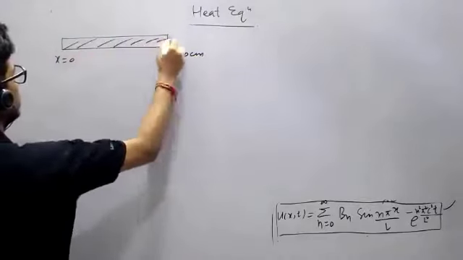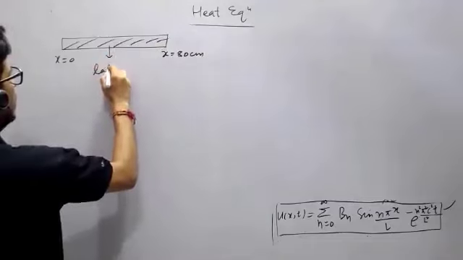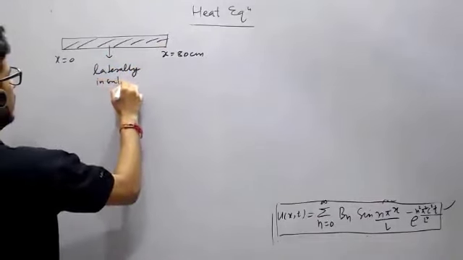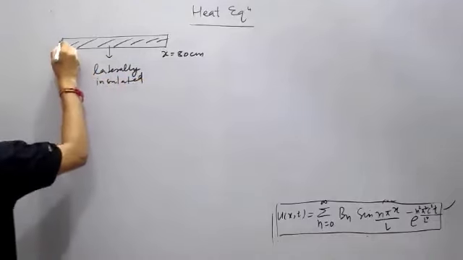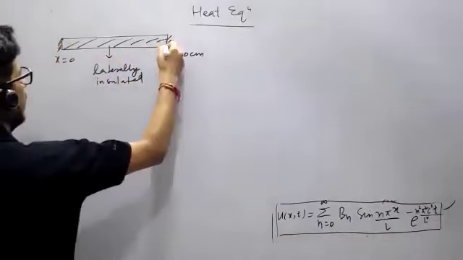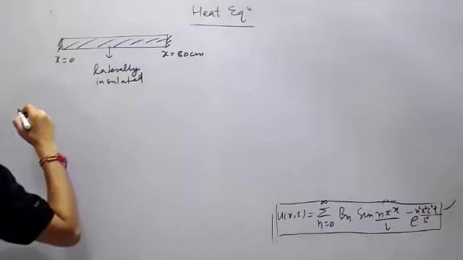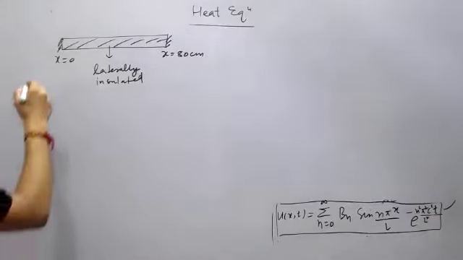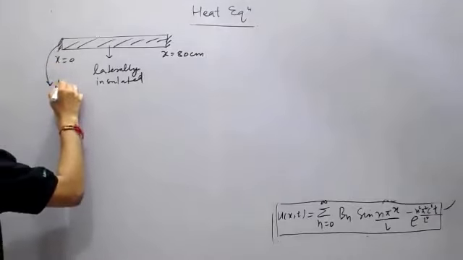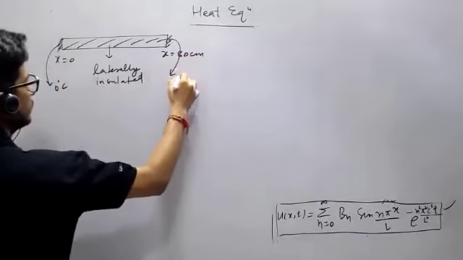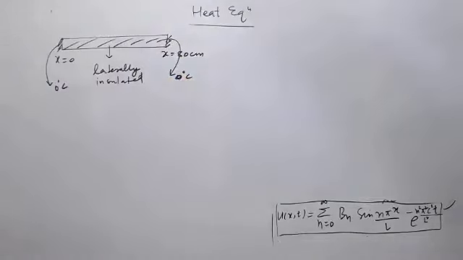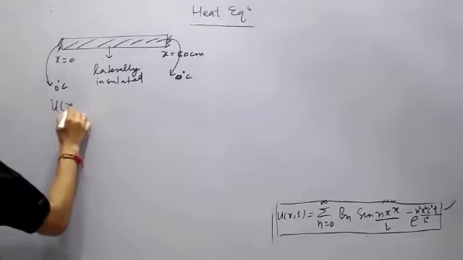This bar is laterally insulated, and here and here the temperature is 0 degrees Celsius. The sides are kept at 0 degrees Celsius temperature, and the initial temperature is given.